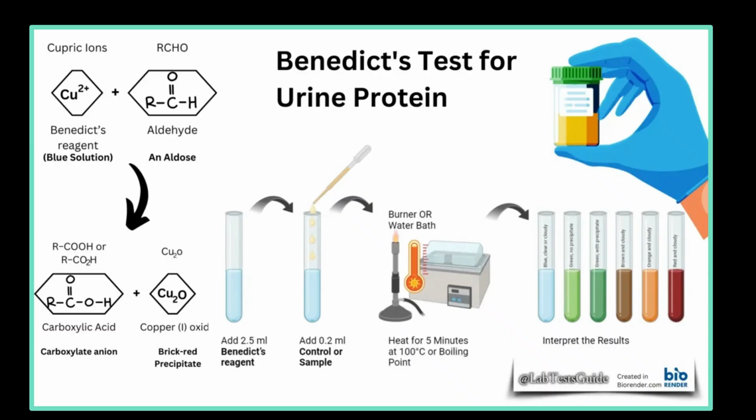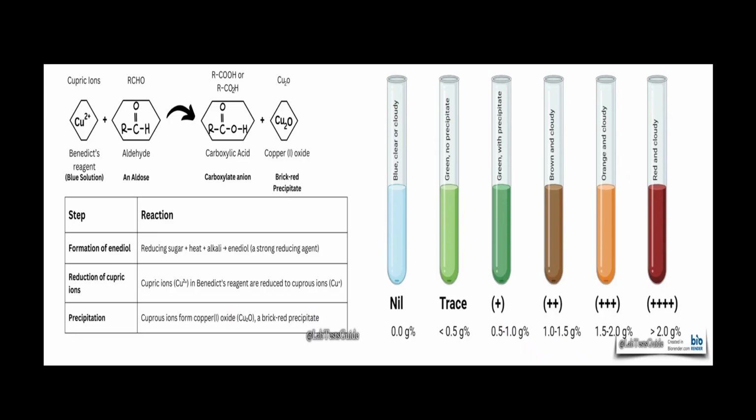In the step reaction, the enediol formation in reducing sugar in the alkaline medium strongly reduces the cupric ions in Benedict's reagent. 0.0 ml: trace, 0.3 mg, plus 1 plus. 0.5 to 1.0 mg, double plus. 1.0 to 1.5, three plus. 1.5 to 2.0 mg percentage, four plus.